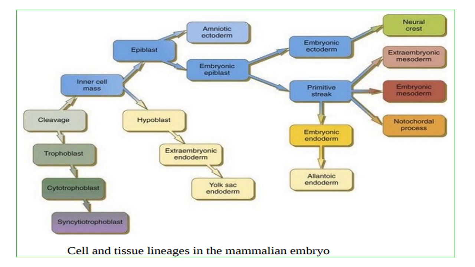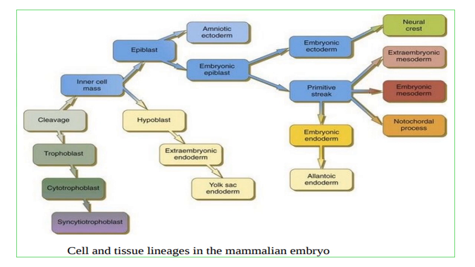From this epiblast, the amniotic ectoderm arises after the splitting of the epiblast, and the other layer, which is present at the base or floor of the amniotic cavity, is also formed after the splitting of the epiblast. It is going to form the embryonic epiblast, the layer which is going to form the proper embryo. So the embryonic epiblast will form the embryonic ectoderm, from where the future neural crest will arise.